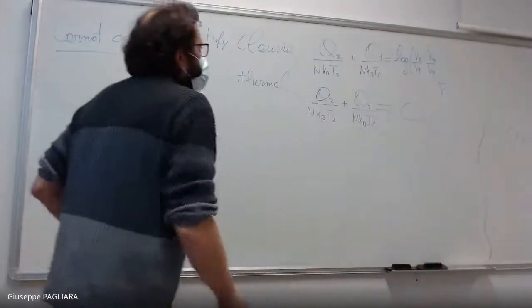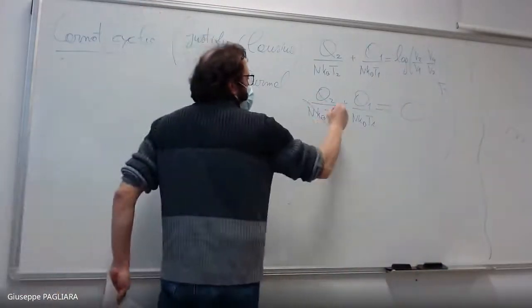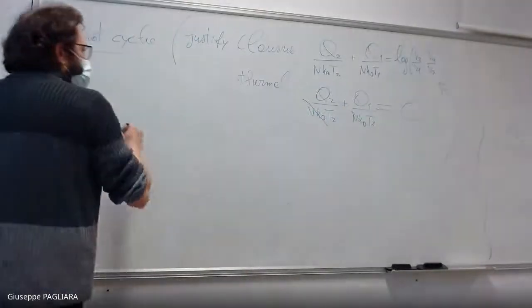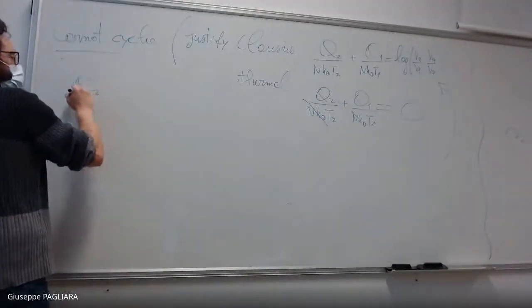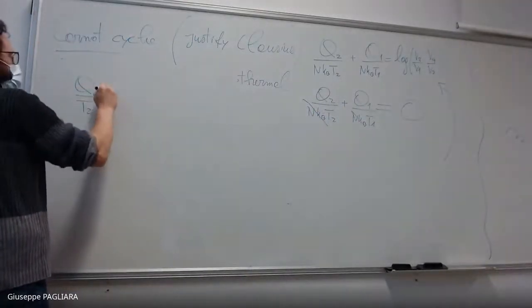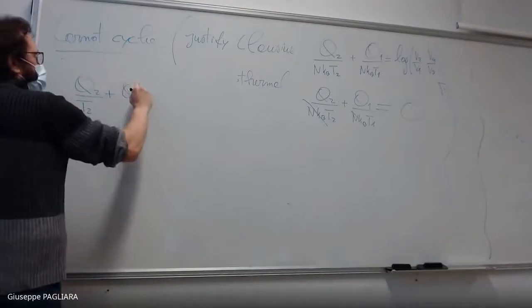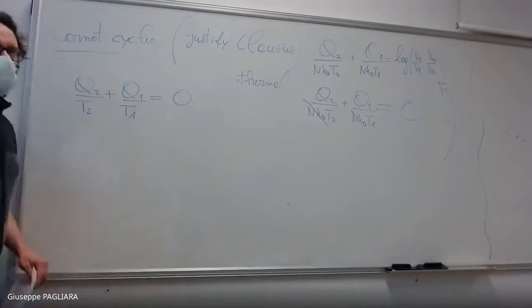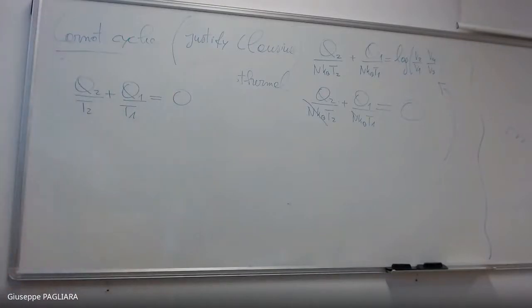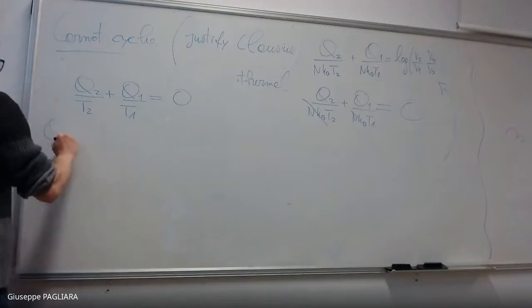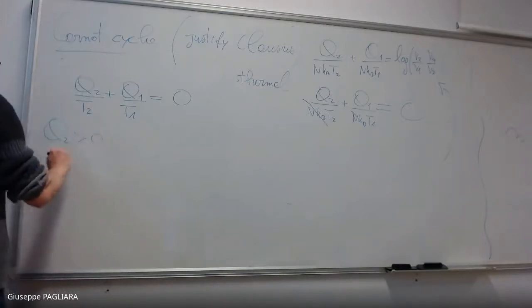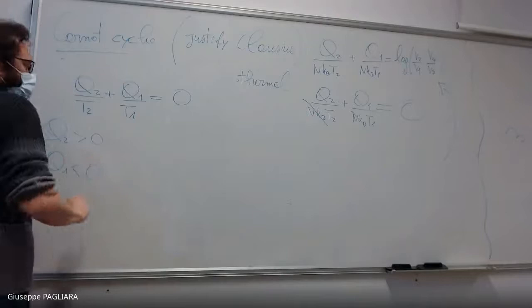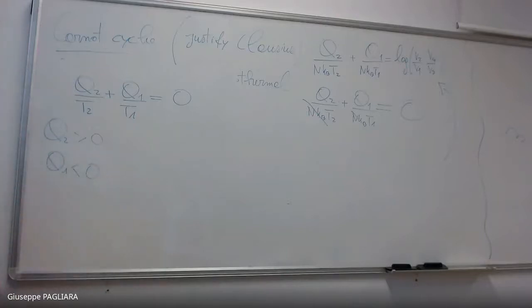It also means now I can remove the constants, that Q2 divided by T2 plus Q1 divided by T1 is equal to 0. Okay? Remember that Q2 is positive, whereas Q1 is negative, as we said before, because there was a logarithm with the volumes.